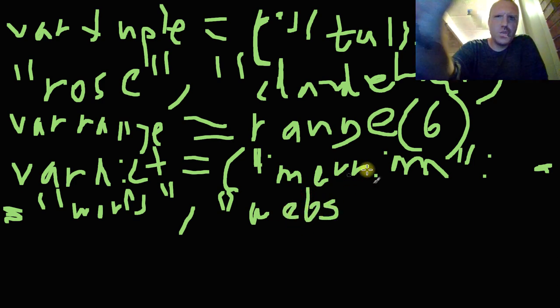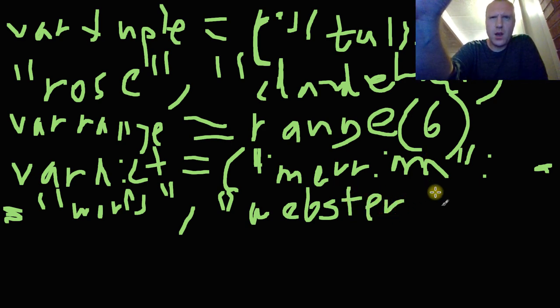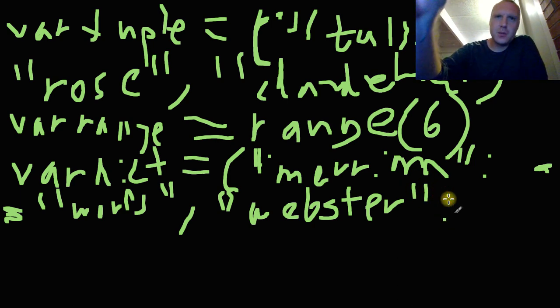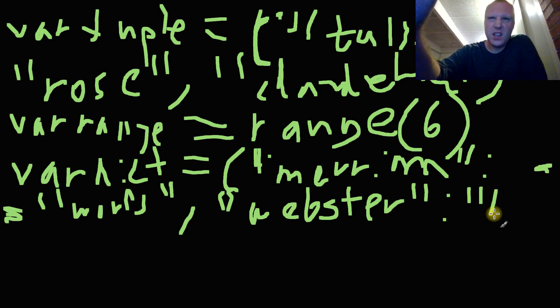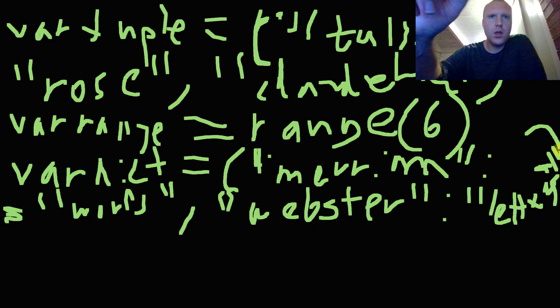The first one's a key, so Merriam's a key. Words is a value related to that key. Then the Webster dictionary name, and call it letters, and double quote it at the end. And then I gotta do the round bracket to finish it off. And that would be all in one line.